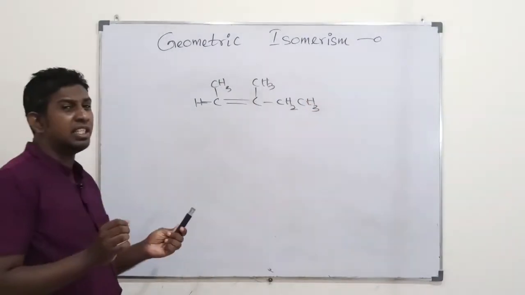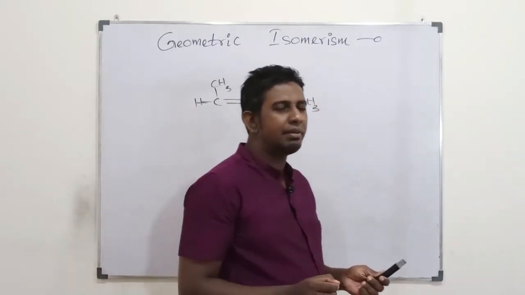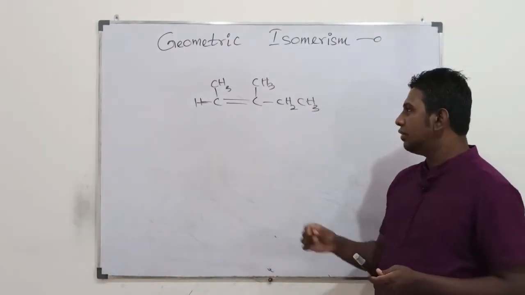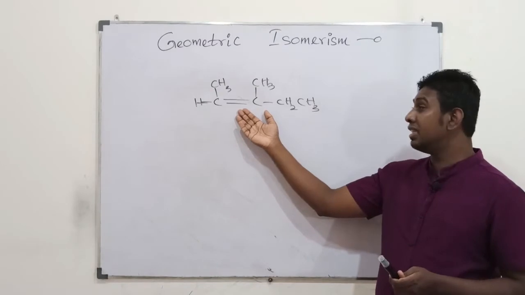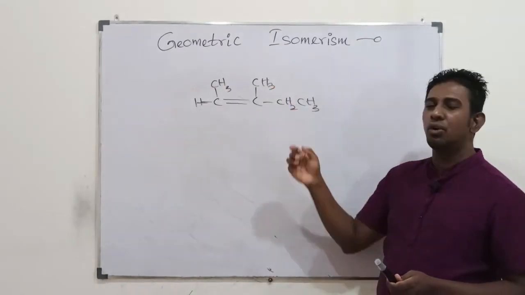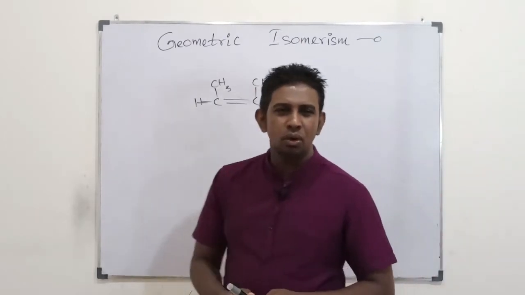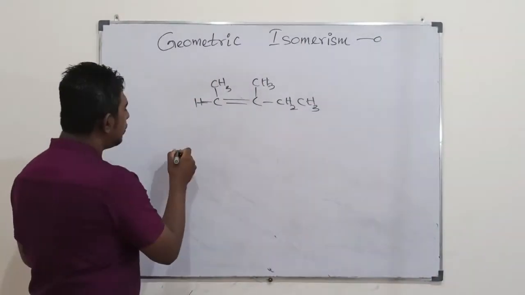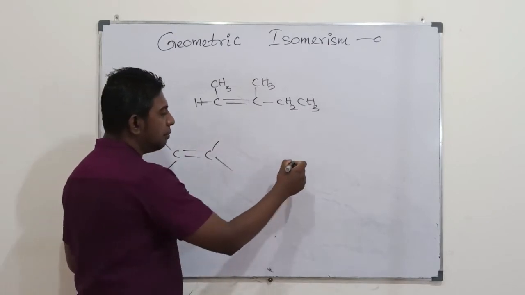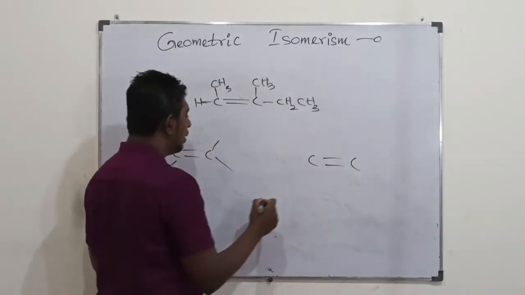Then it's satisfying our needs. Our needs are the having of a carbon-carbon double bond hindering the free rotation and having two different groups on each carbon. So therefore you could expect geometric isomerism being exhibited.